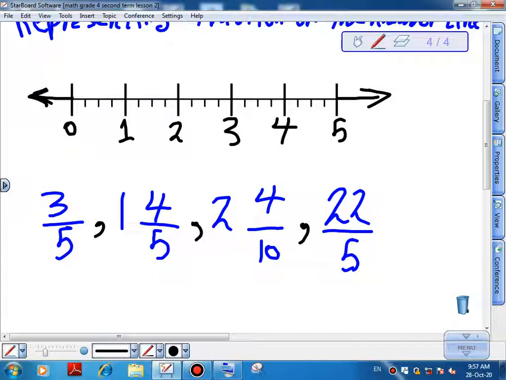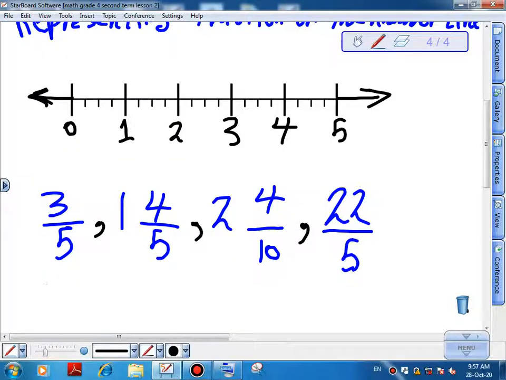The simplest form means that the numerator is not divisible by the denominator. 3 and 5 are not divisible, so it is in the simplest form. 1 and 4 over 5 is a mixed number. The whole number is 1, and the proper fraction 4 over 5 is in the simplest form.